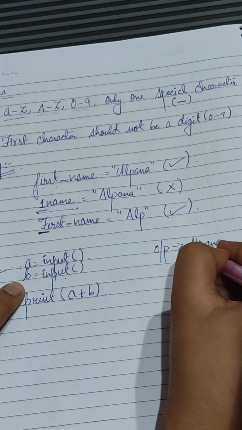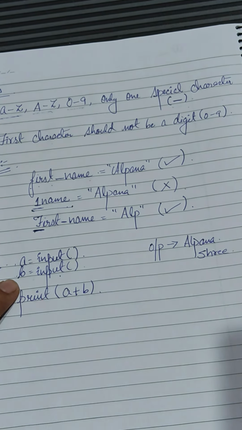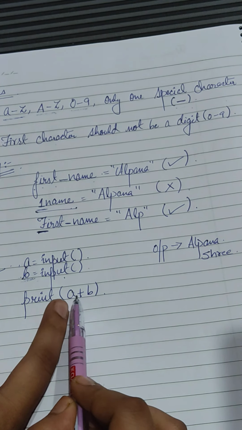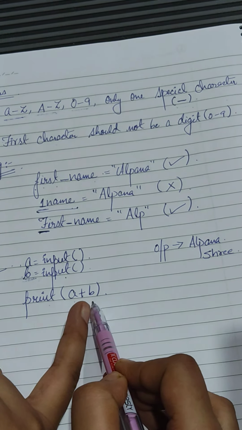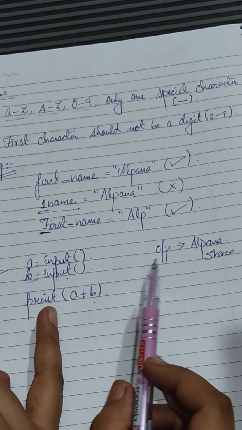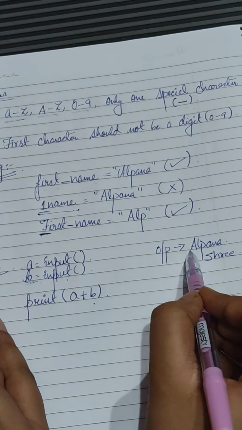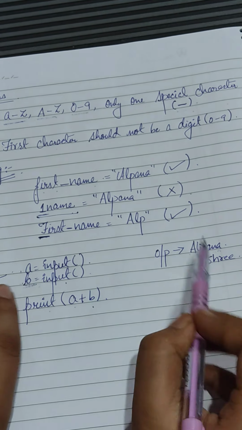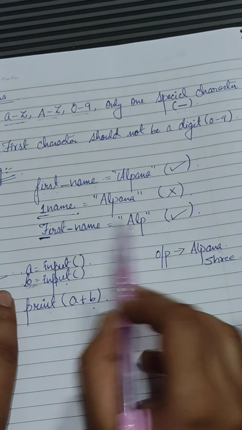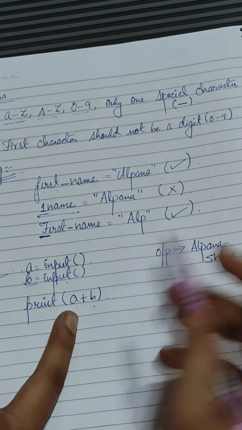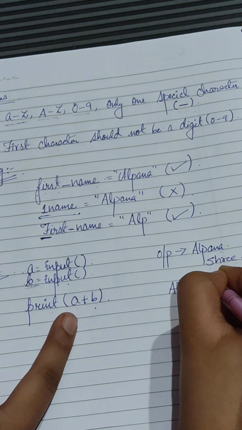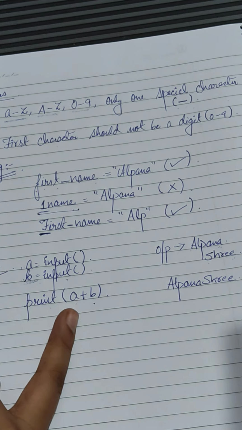Then I give Sri, which is stored in b, and we print a plus b. So our output will be Alpana Sri.